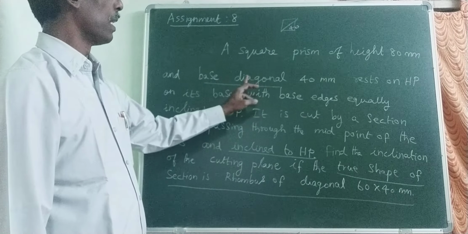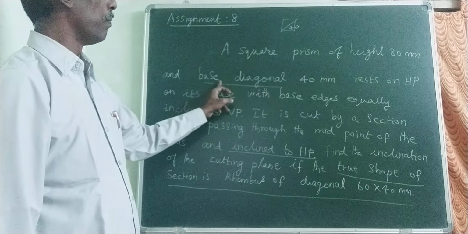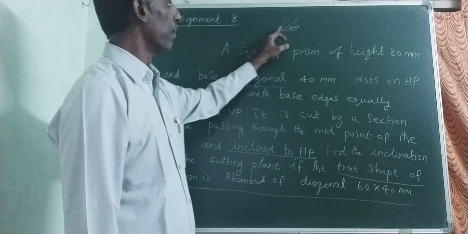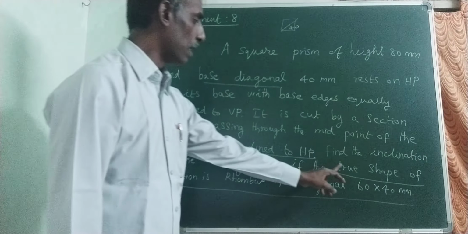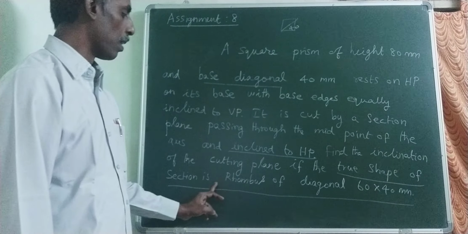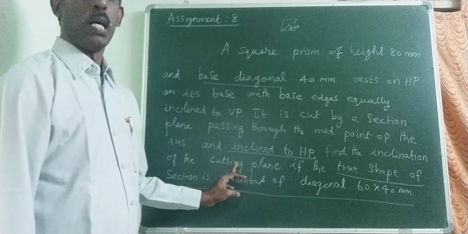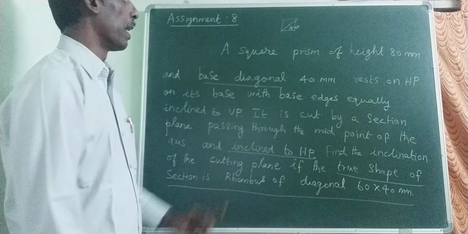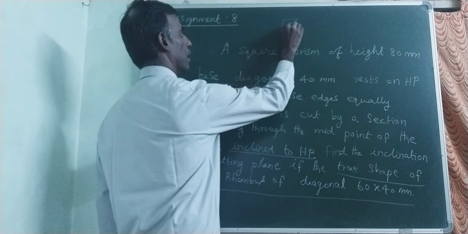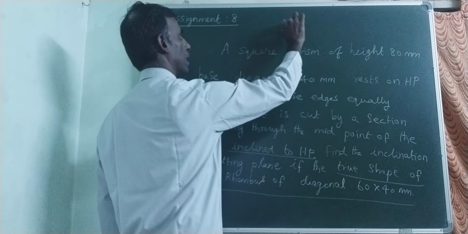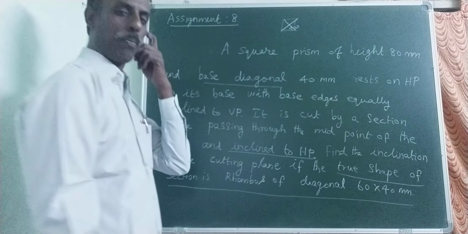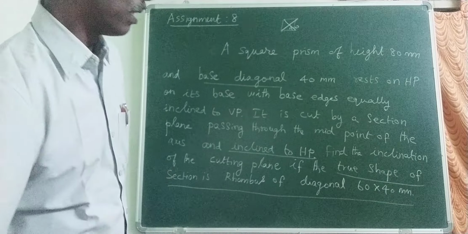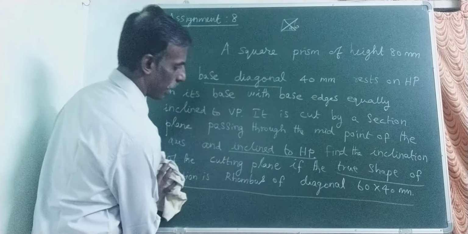So here the base side is not given. Instead of that, the base diagonal is given as 40 mm. So here, using the true shape only, you have to draw the diagram. This diagonal is given as 40, and this diagonal is given as 40. Using that, you have to construct the square in the top view. Similarly, the cutting plane inclination is not given.